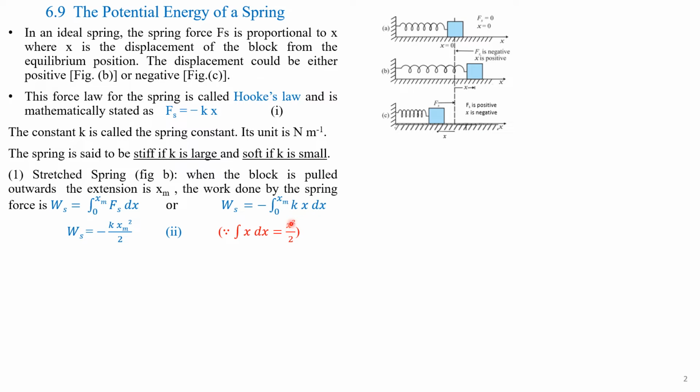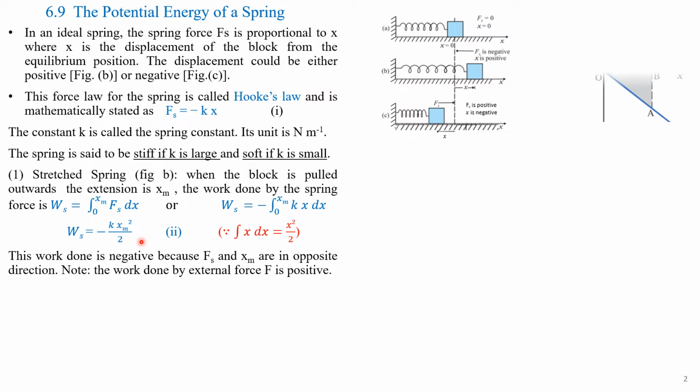The work done is negative because Fs and xm are opposite in direction. Hence, the work done by the spring is negative, whereas the work done by the external force is positive.